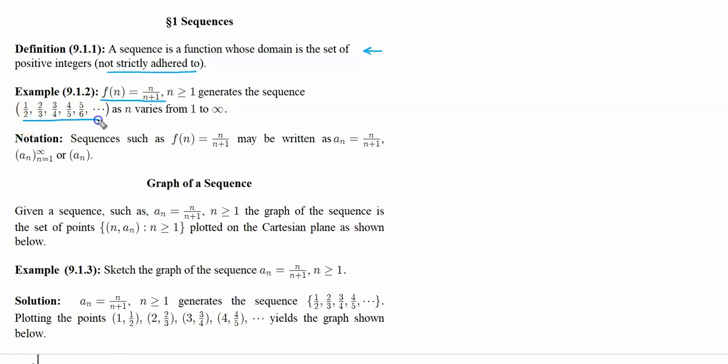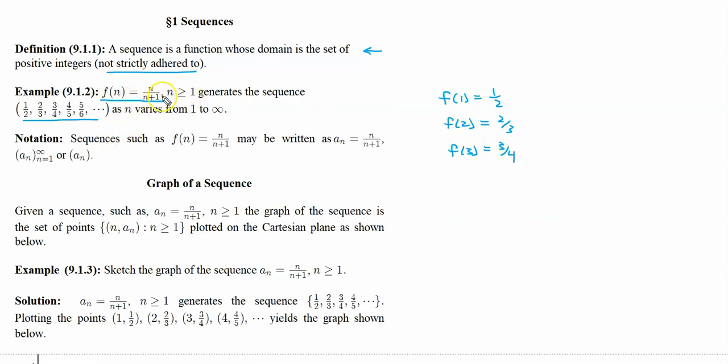We get these numbers by plugging in 1, 2, 3 for the n. For example, f of 1 equals 1/2, f of 2 equals 2/3, f of 3 is 3/4. These are the values in the range of the function f of n.